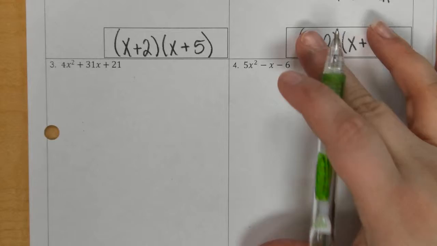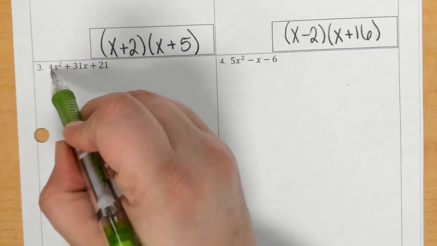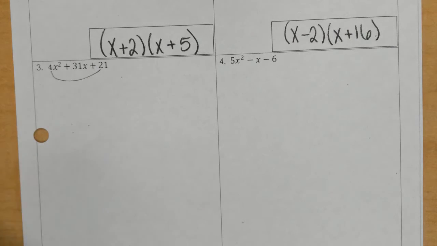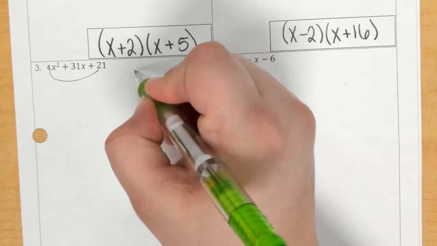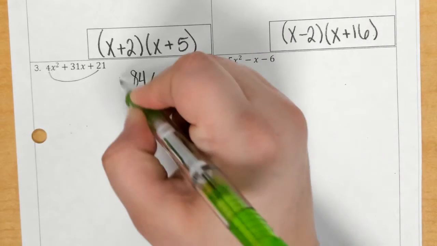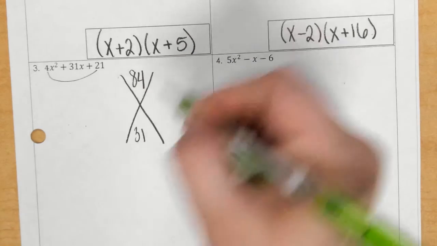Okay, for bottoms up, number 3, 4 times 21. We get 84. And we are trying to get to 31.